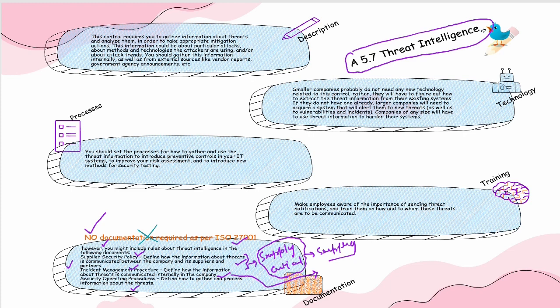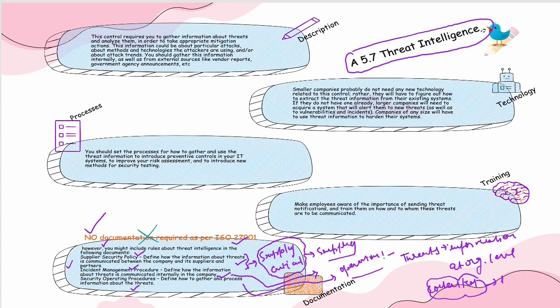And it is very important that you update your operation procedure, on how the different threat information is collected and processed at the organization level. Okay, so this is very important.